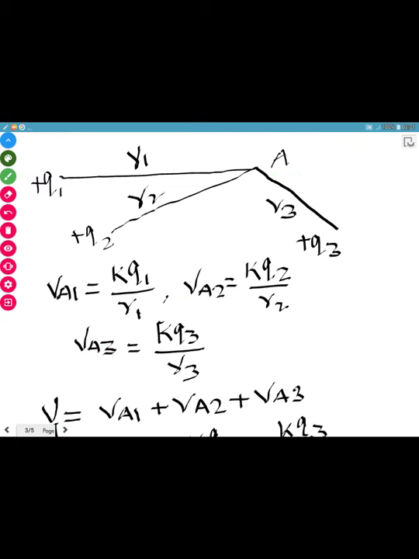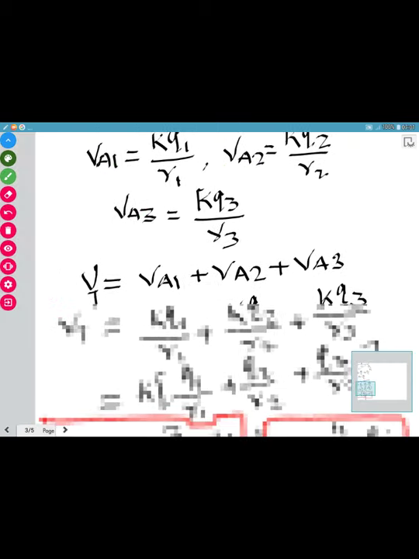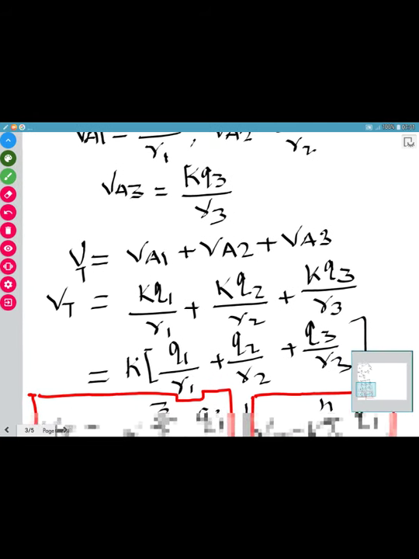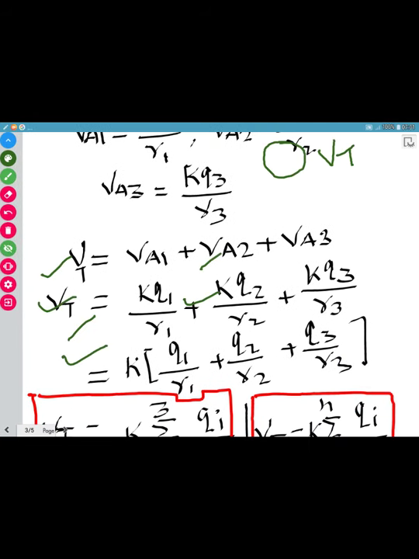So this is the total potential. We can easily find that the total potential Vt is equal to the algebraic sum of all three.